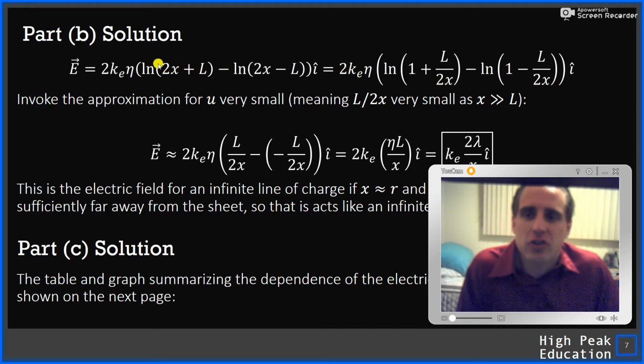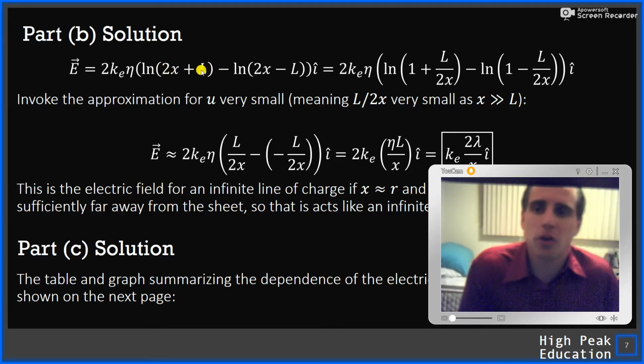So we can arbitrarily divide each argument of these natural logs by 2x on the inside, because it's like multiplying the entire argument by the same factor.